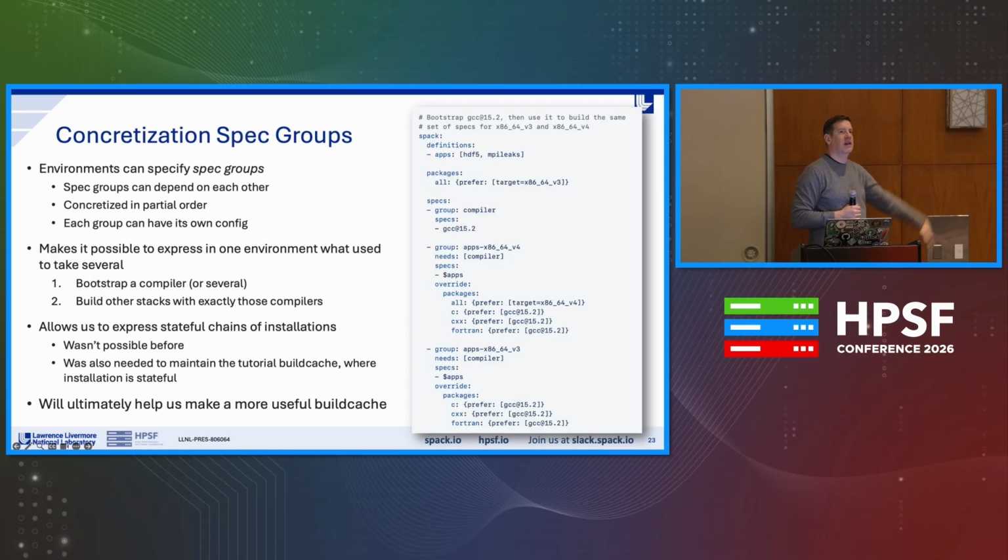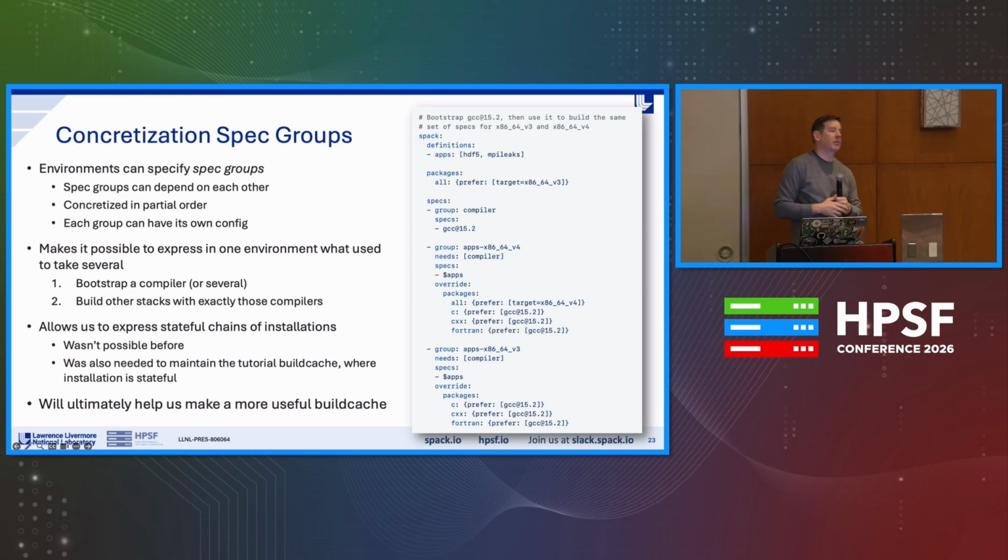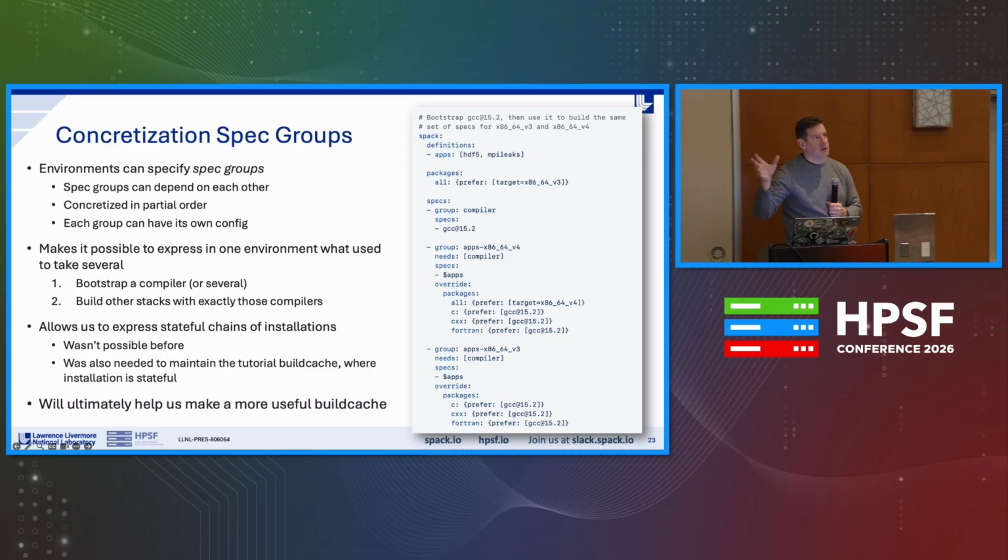Concretization spec groups, this may seem kind of complicated, but we've had use cases in Spack where people will chain environments, or they'll try to build, say, the compiler or a set of dependencies for a stack first and then fix it, and then build everything else with those compilers or those dependencies. And we've also had use cases that are stateful, like our tutorial cache. So we maintain a build cache for all the binaries that we use in tutorials.